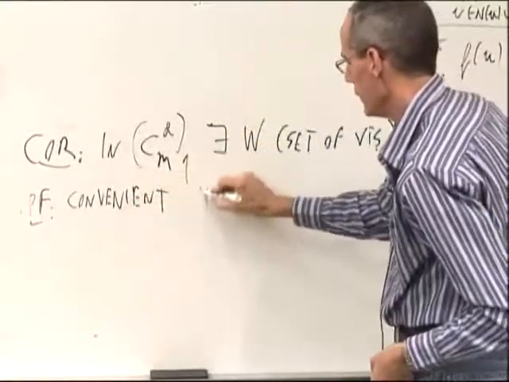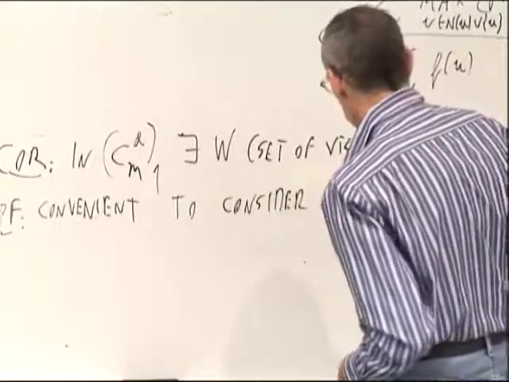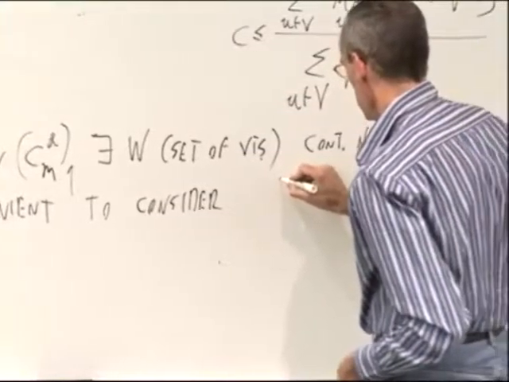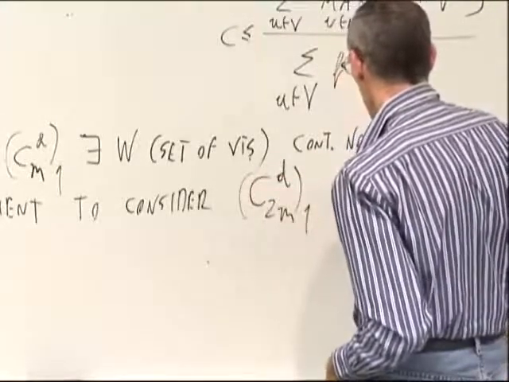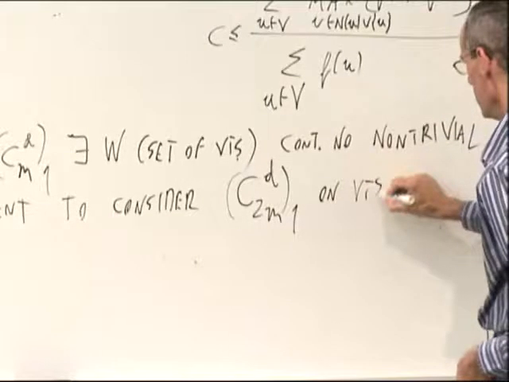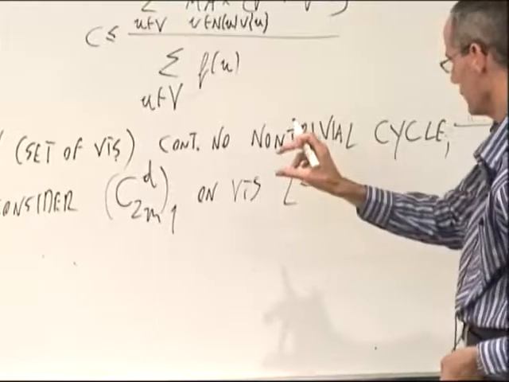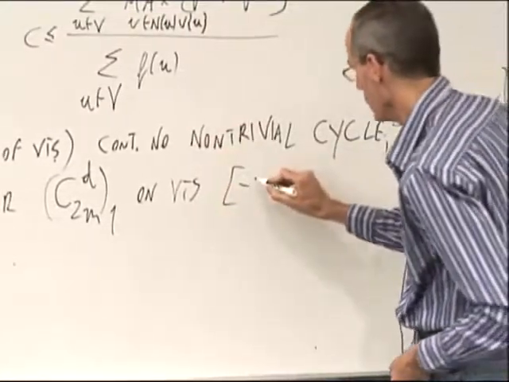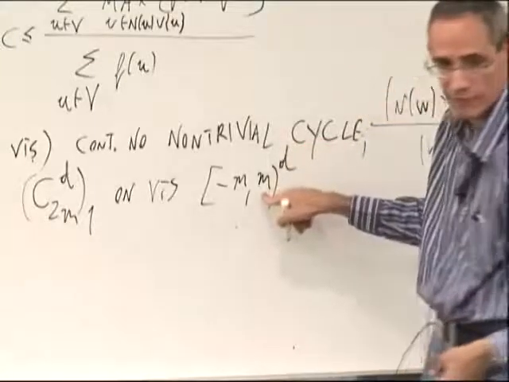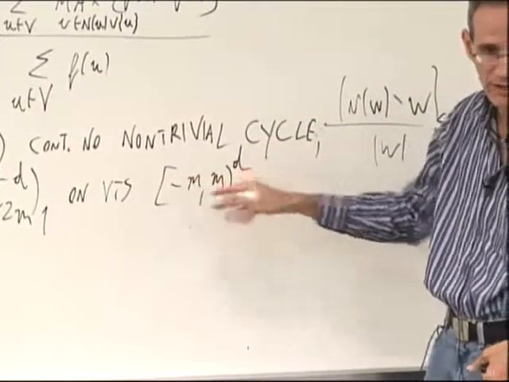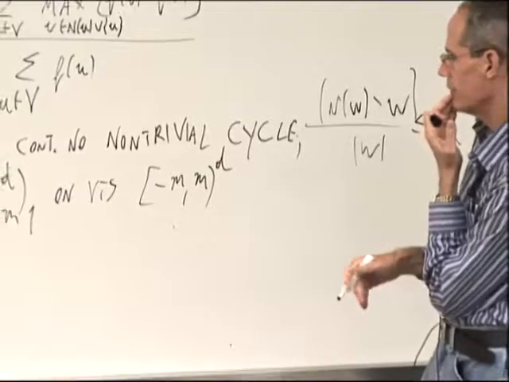It's convenient to consider, let's say, C_2m^d on the set of vertices. It will just be easier to write down things. I want to put it so that the center is at 0. So it will be minus m to m to the d on this set of vertices. Okay, m and minus m are identical, so I wrote it like this. So this will be the set of vertices.